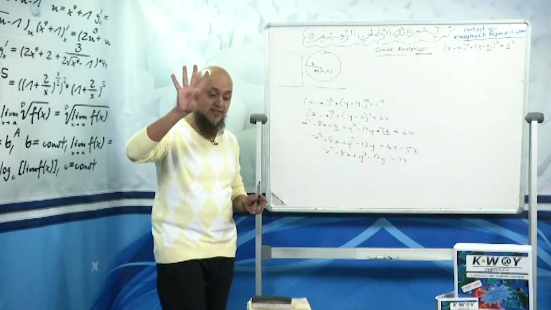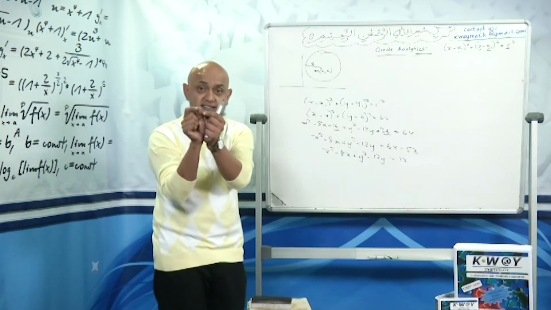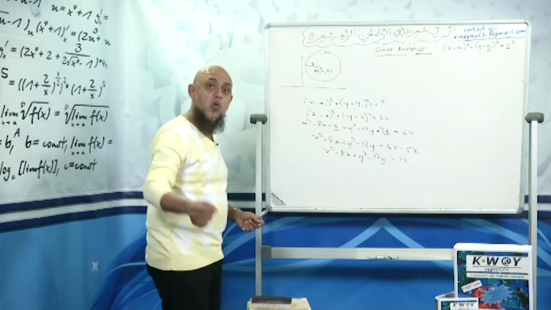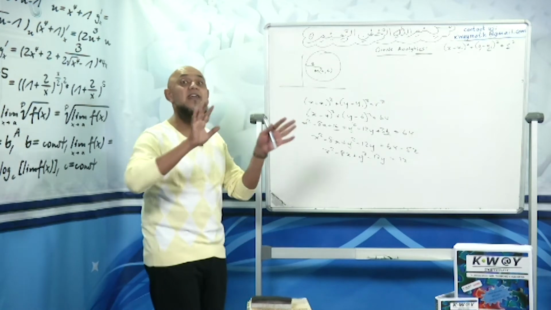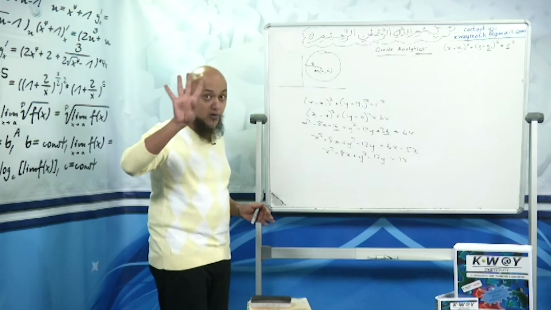There are only 4 parts of circle analytics, and the first one is determining the circle if the center and the radius are given. What if the center and a point are given and the radius is not given? So now we are doing part 2. Like we said, there are only 4 parts to it.